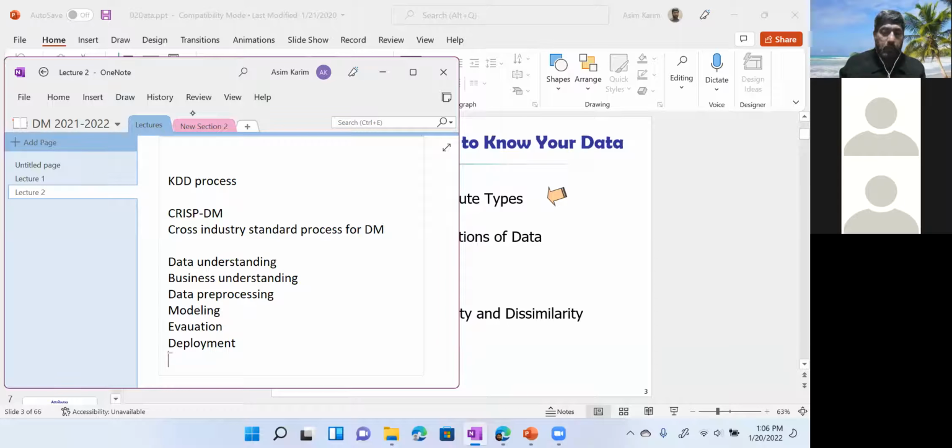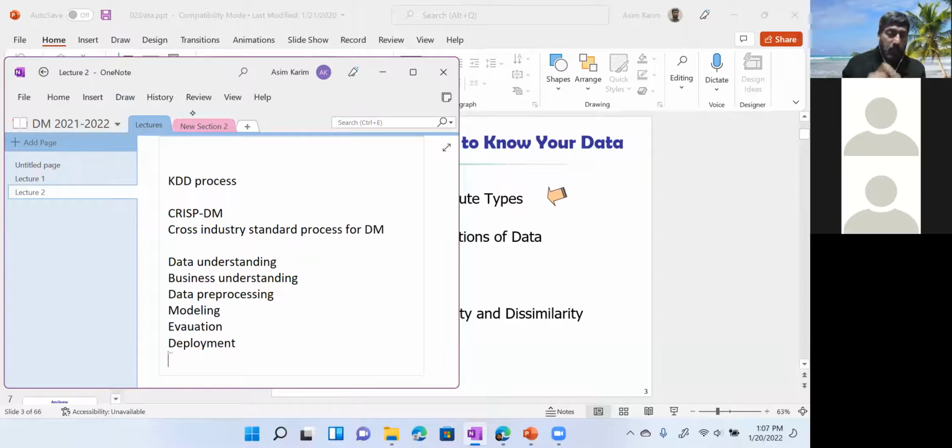Along with this, you also need to understand the business or domain that is generating the data. That is business understanding. Data mining cannot be done effectively without understanding the business that is generating the data. It cannot be done in isolation from the company, institution, or process that is generating the data.